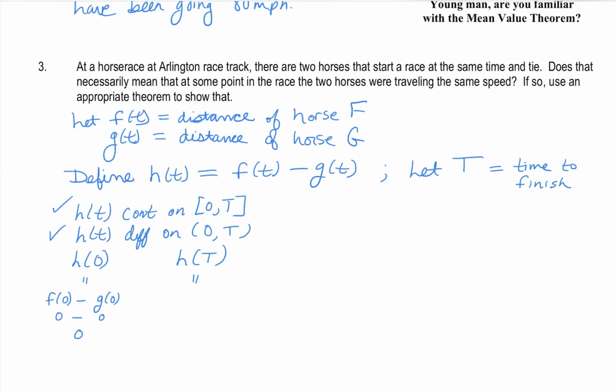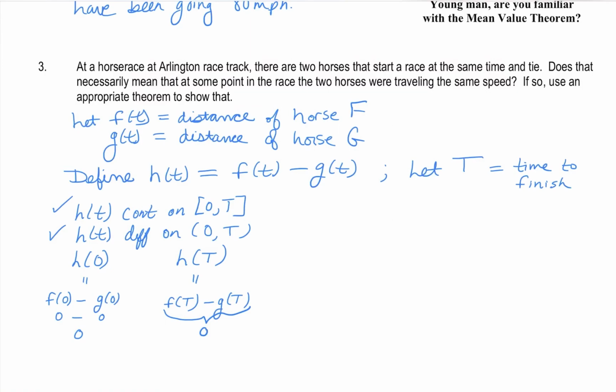Now, I don't know what the full distance of the track was, but I know that the difference in their distance at time capital T, because they're at the same point, is equal to 0, because they tied. At time capital T, they both finished.